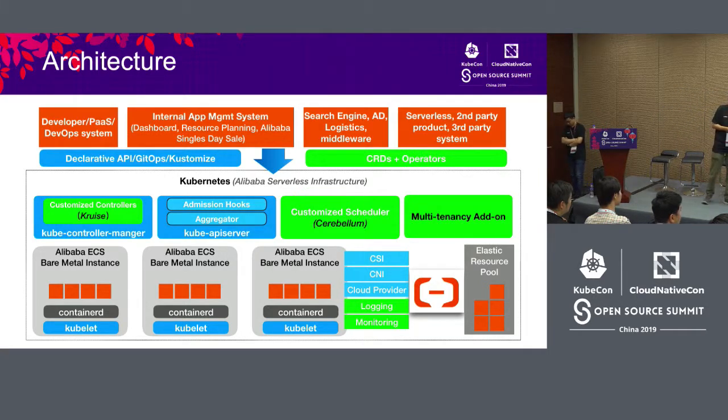So we connected with the elastic resource pool, which we call ECI. It's a place where we can borrow resources to fit the scenarios. So it has built up a new system; before, we did not use it like that. And we also have a special bare metal instance, as just mentioned.